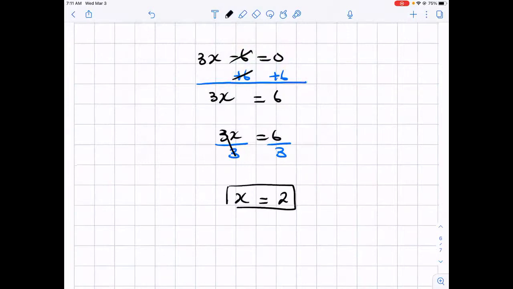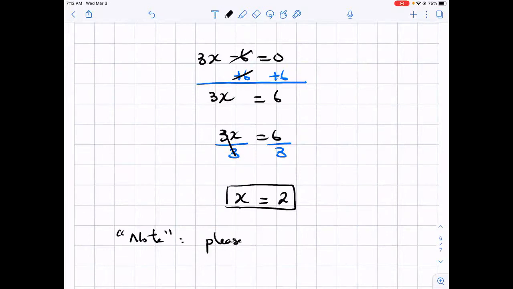So observe, the original equation was 3x minus 6 equals 0. If we replace x with 2, we get 6 minus 6, which is 0. So you always want to check your result.